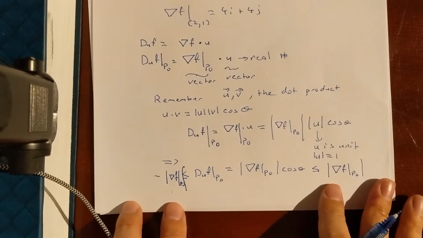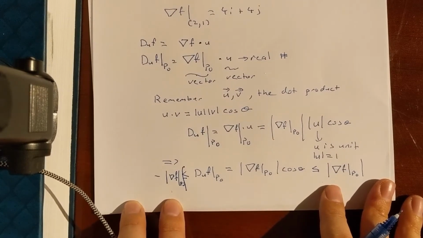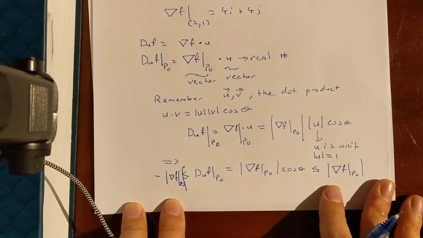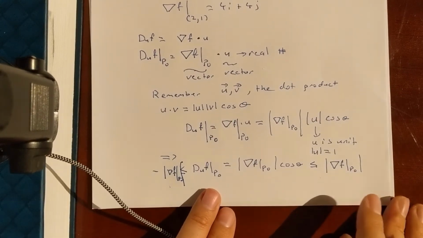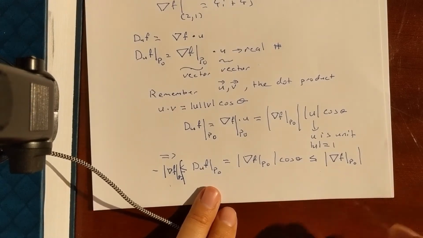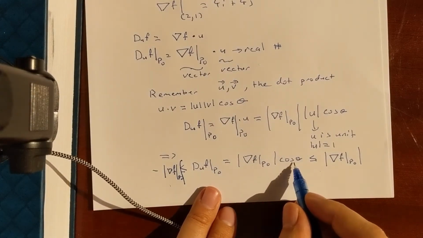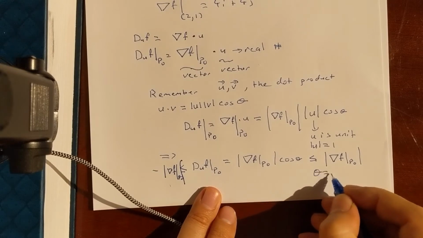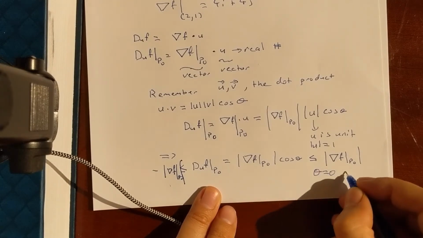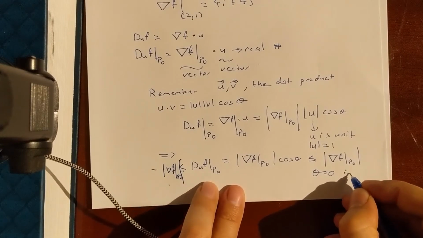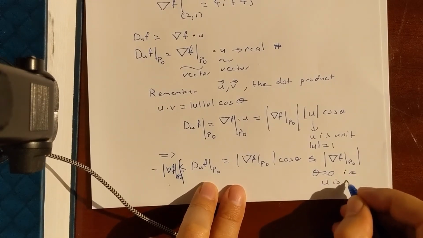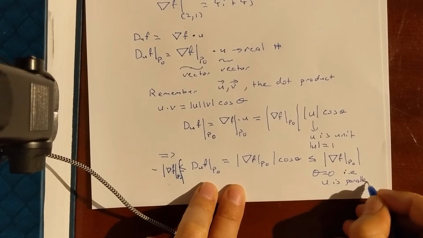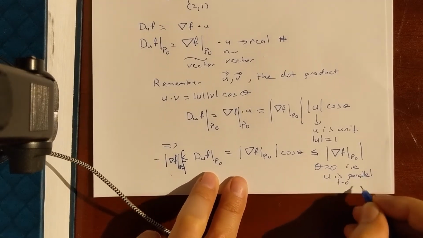So basically we got these two things. The maximum value is going to be the magnitude of the gradient of f at that point, and the minimum value is negative the magnitude of the gradient of f. Having said that, when will this occur? The maximum will occur exactly when theta is 0, i.e., when u is parallel to the gradient of f.